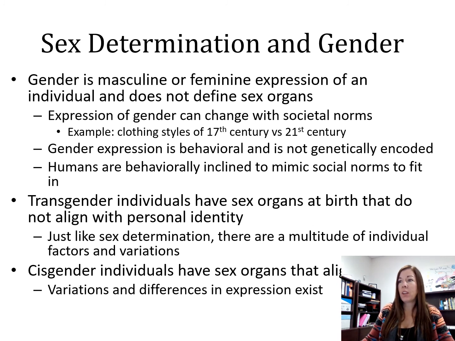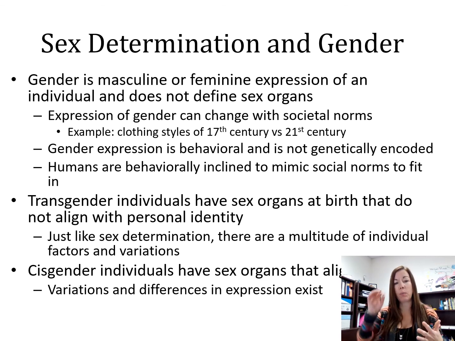So gender is generally masculine or feminine expressions of an individual, and it doesn't necessarily apply to the sex organs an individual has. Expression of gender can change with societal norms, definitely like clothing styles from the 17th century versus the 20th century. Gender expression is behavioral and not genetically encoded per se. Humans are inclined to mimic social norms to fit in, but that's not always the case.